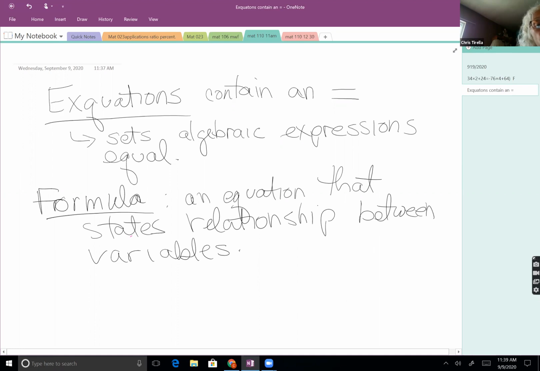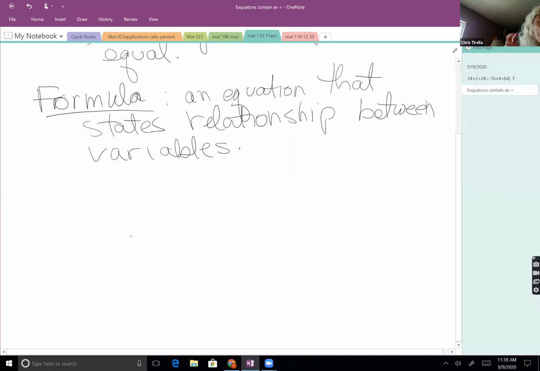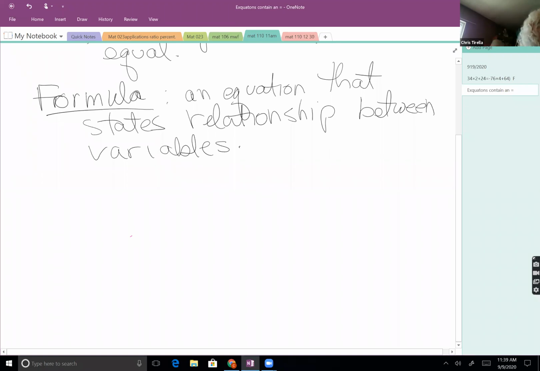And in that homework, you might see some quote unquote application problems that might say something like, given F equals 9/5 C plus 32. Does that formula look familiar to anybody?